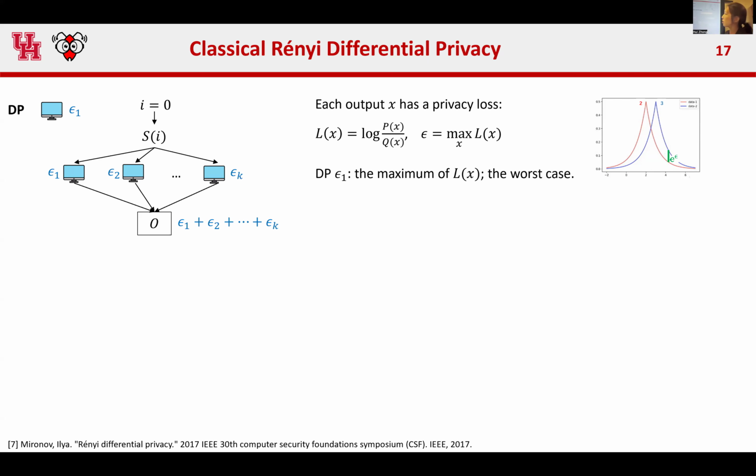If we just focus on one CPU, epsilon 1, with DP it is the maximum of the total privacy loss. So it always focuses on the worst case.